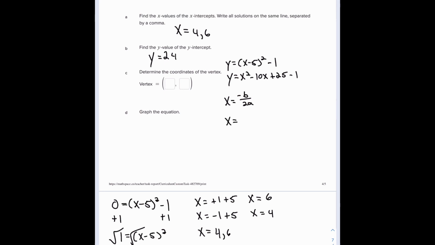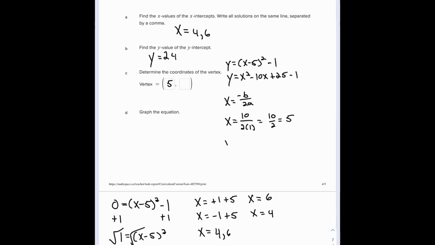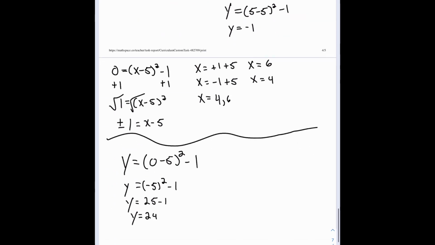So in this instance, B is -10, so x equals +10 over 2 times A. A is 1, so 10 halves, which is the same as 5. So x equals 5. Now to find the y-coordinate of the vertex, we have to substitute in 5 for x. So y equals 5 minus 5 squared minus 1, or y equals -1. That's our vertex.